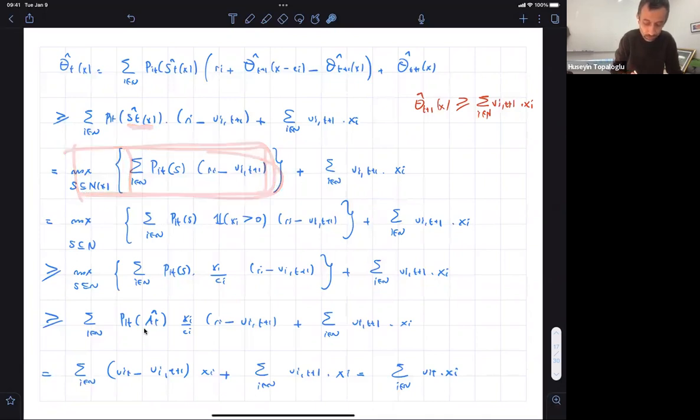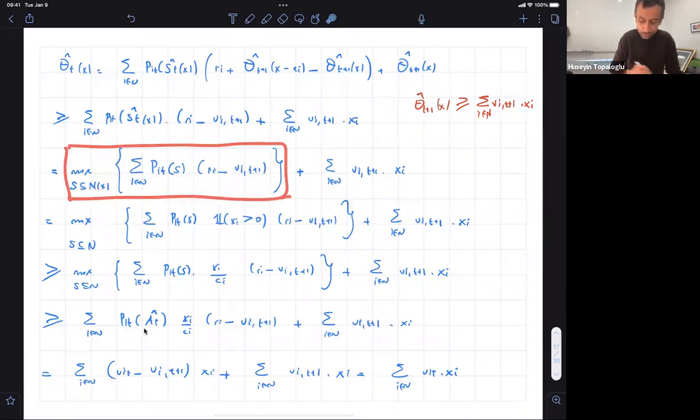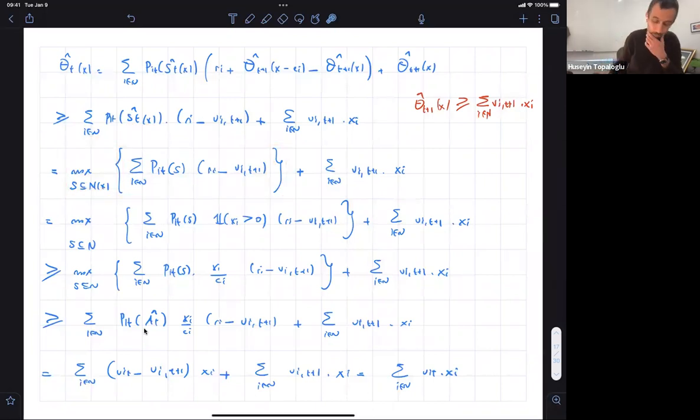So let me just write the maximization problem in explicit form. Again, this is just coming because of the fact that the assortment that's coming from my approximate policy is the optimal solution to this maximization problem. That is the definition of my approximate policy's assortment. Good. So then this is an equality.